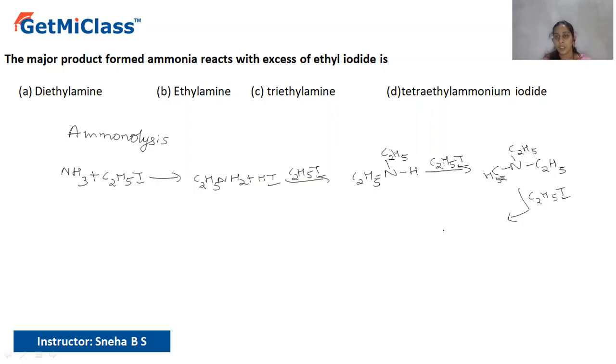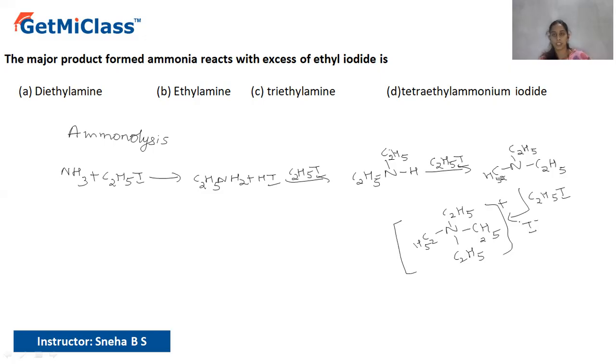Here you are going to get N with four C2H5 groups, but we know that nitrogen valence is 3, and it becomes more than 3, so it becomes a salt, N(C2H5)4 plus, with I minus.